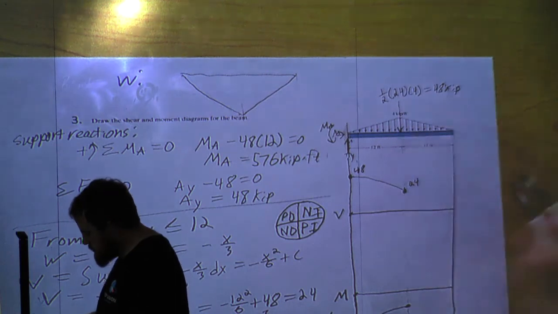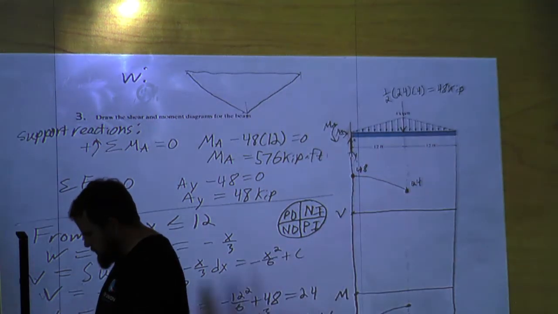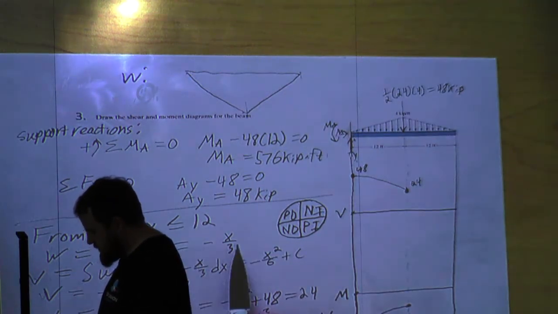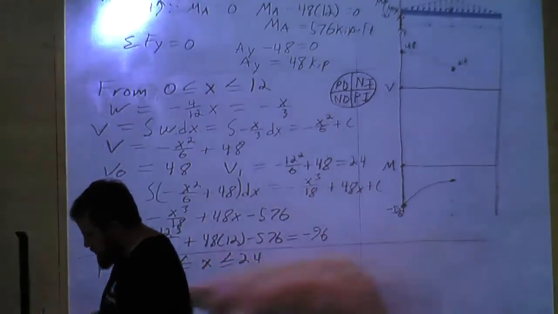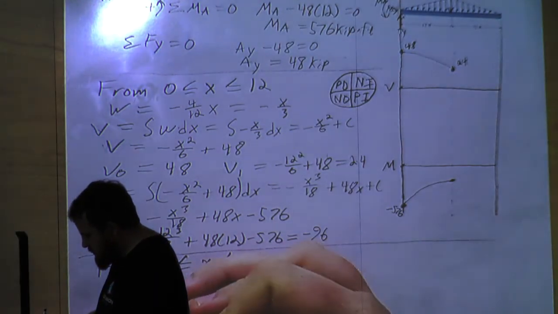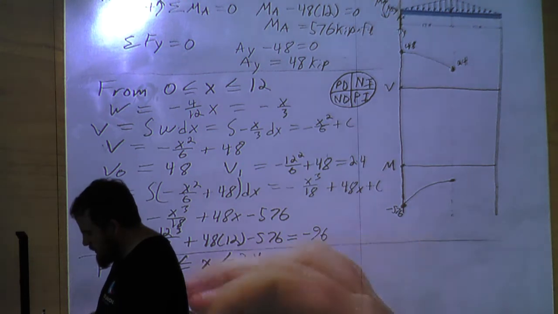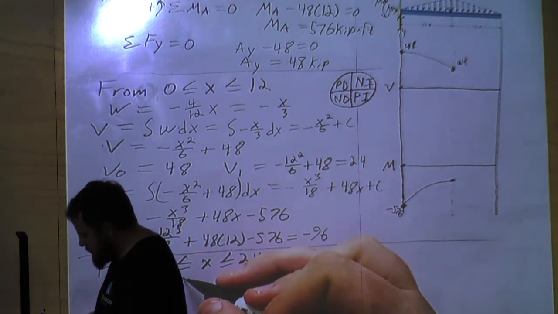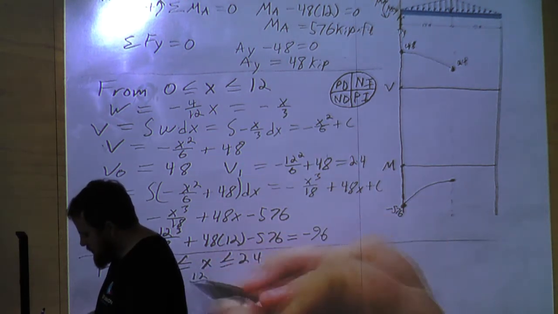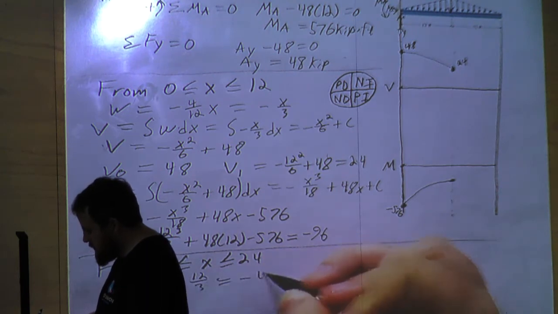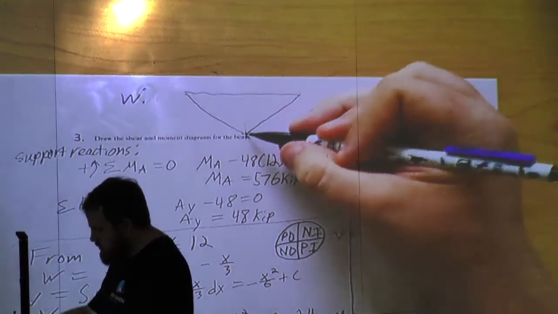So where was I? If this is your load equation, then we can plug in 12, my bad, which is going to be negative 12 over 3, which is going to be negative 4. So that is this point.